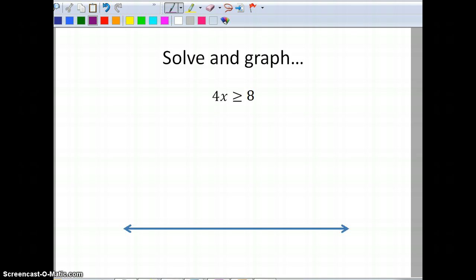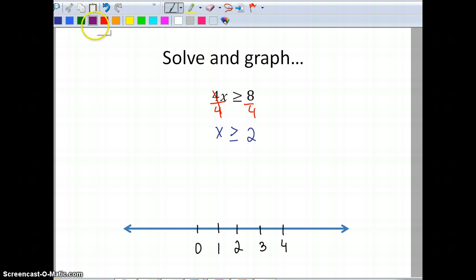Okay, we're going to solve and graph this one, 4x ≥ 8. I immediately see I've got a closed circle. I want to isolate the variable, divide both sides by 4. So x is greater than or equal to 2. So 2 is my important point.